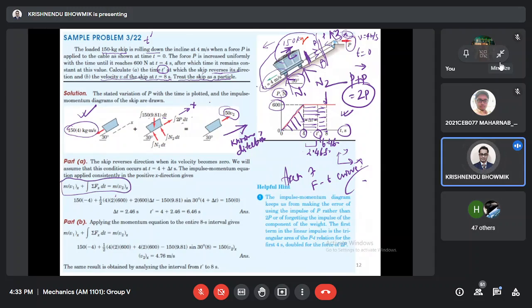Now initially we don't know anything. V1x I know, summation Fx also I know, dt is unknown when velocity was 0. Just a minute.